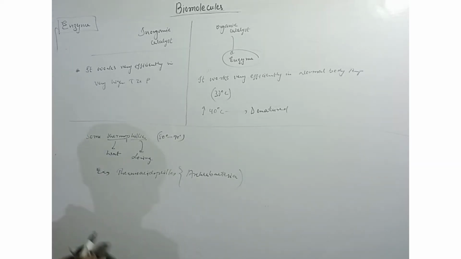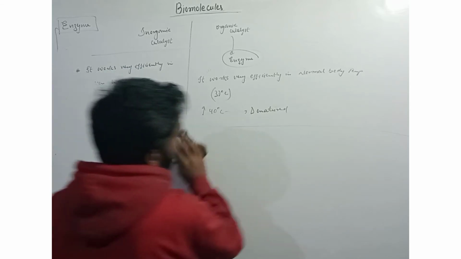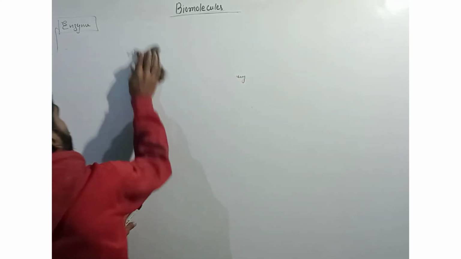Now let's proceed further. Different kinds of chemical reactions occur with an enzyme. So let's see the chemical reaction.